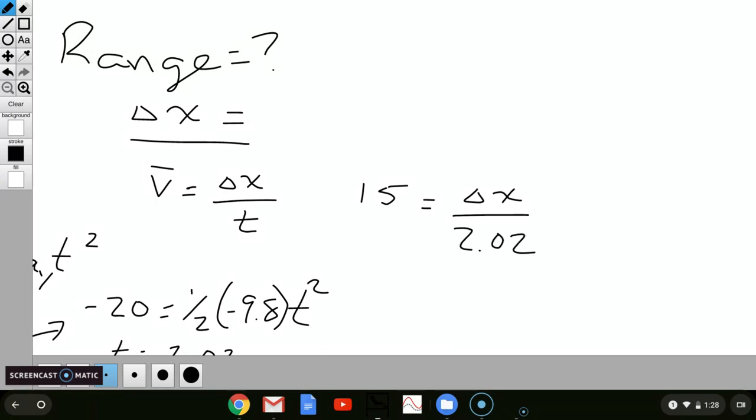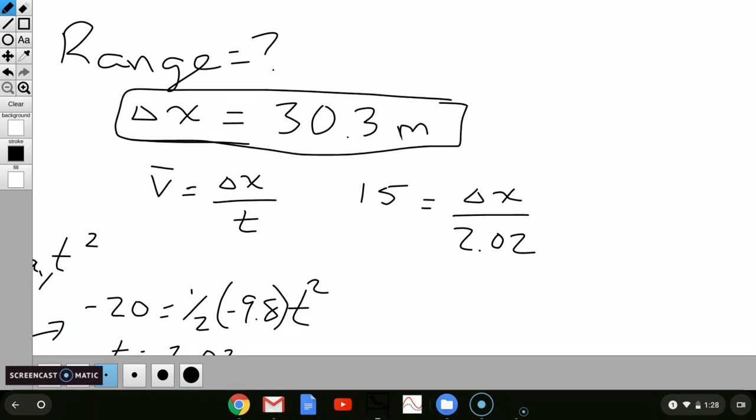And so delta x comes out to be right around 30.3. Yep, our delta x ends up being 30.3 meters. So the range is 30.3 meters.